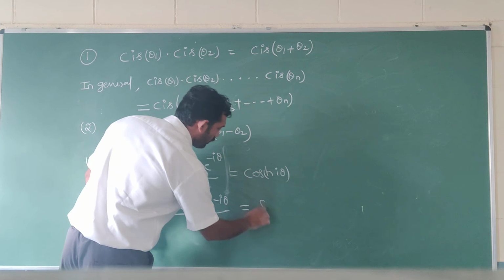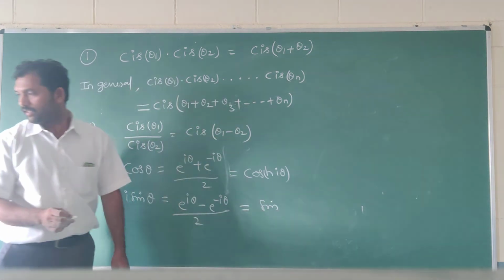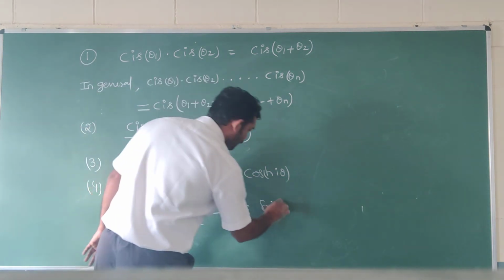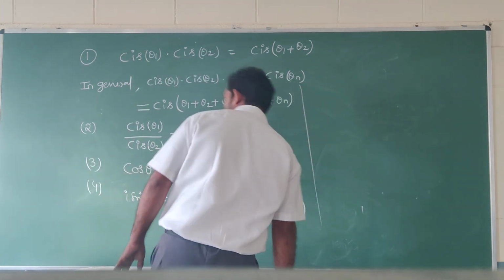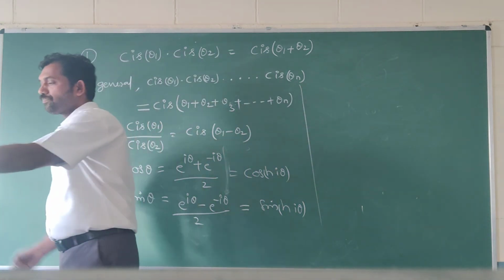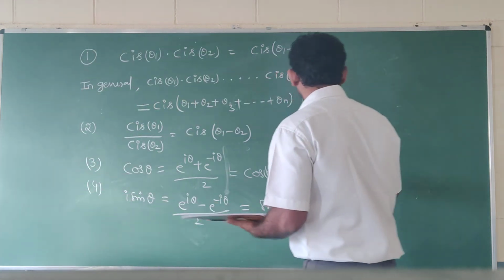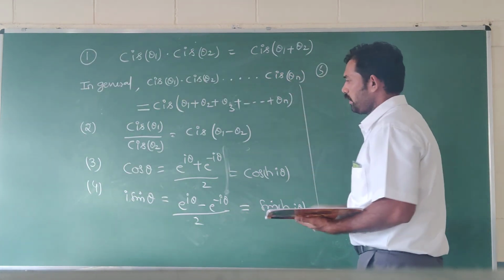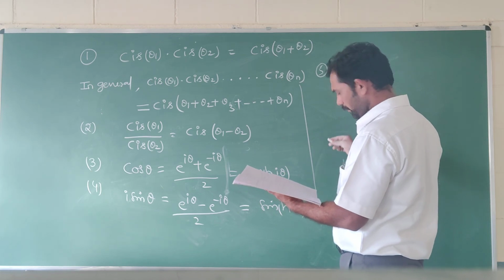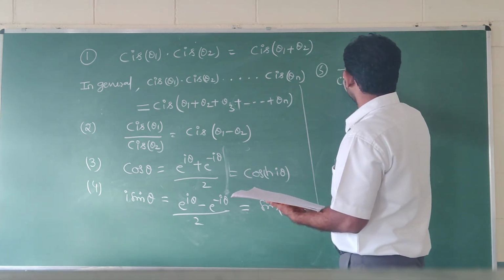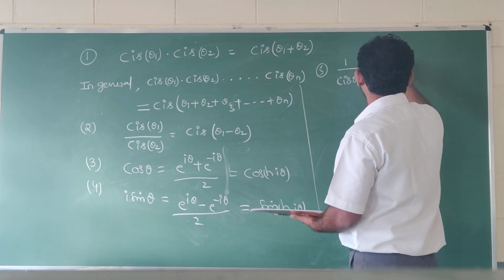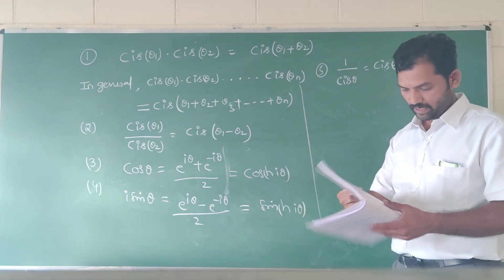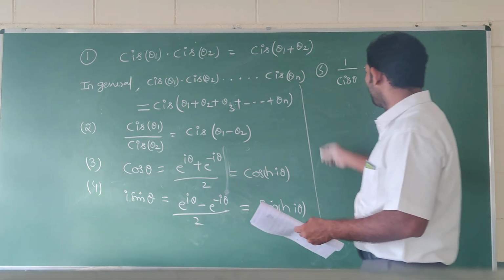It is also equal to sinh(i theta). Next, fifth point, 1 by cis theta equals cis of minus theta. Small note points, you note down.